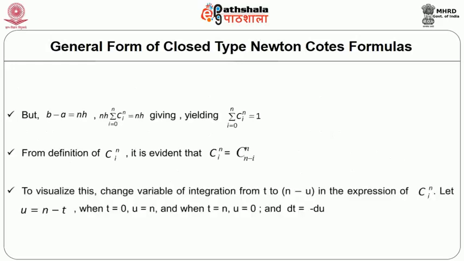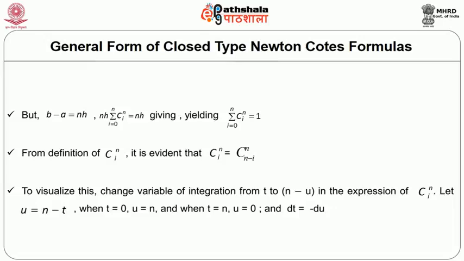So if we compare both sides, the left side is b minus a and the right side is nh times the summation i equal to 0 to n of NCi, since the y's are 1. b minus a is nh, it cancels on both sides, and so we get the summation of NCi's is 1. So the sum of the Newton-Cotes coefficients is always 1, and we can use this to get easy calculations.